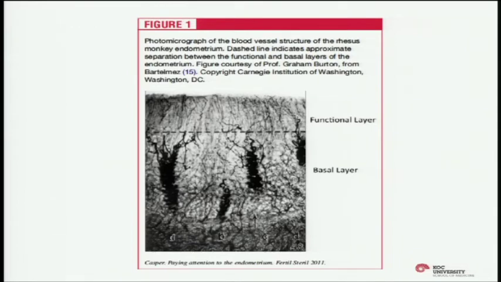Okay. And other studies have shown, actually, at the time of ovulation, in the early luteal phase, when implantation is expected to occur, spiral arteries constrict, and there's less circulation, and there's probably less oxygen tension in the endometrium. So maybe too much oxygen is not a good thing, which we know from incubators nowadays.